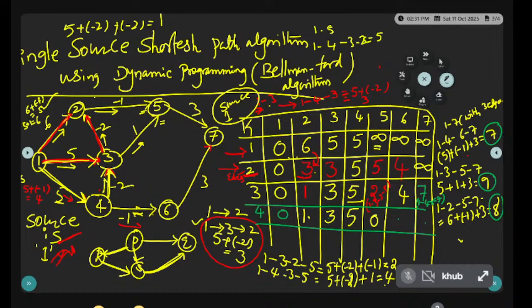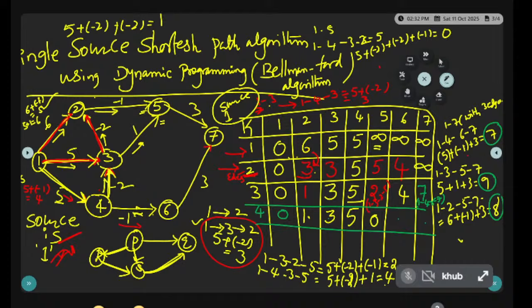So 1 to 4 cost enta? 5, plus 4 to 3 minus 2, plus 3 to 2 minus 2, plus 2 to 5 minus 1. So it is 0.